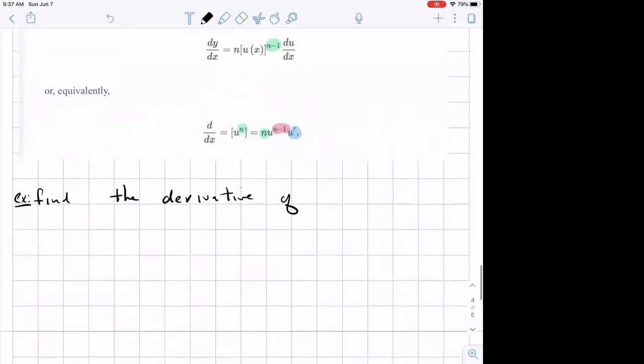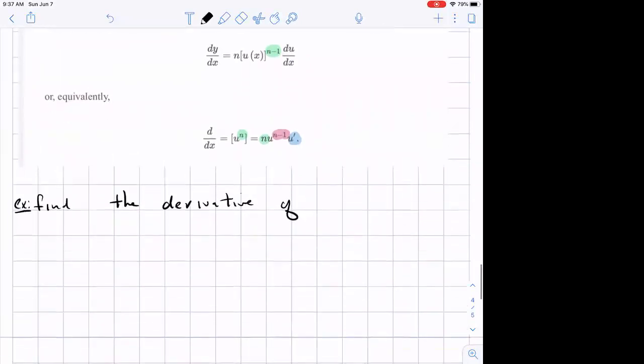Example: find the derivative of y equals the square root of 3x squared minus x plus 1. Remember, derivative deals with powers, so please rewrite this first using powers. Try to see if you can find dy dx.